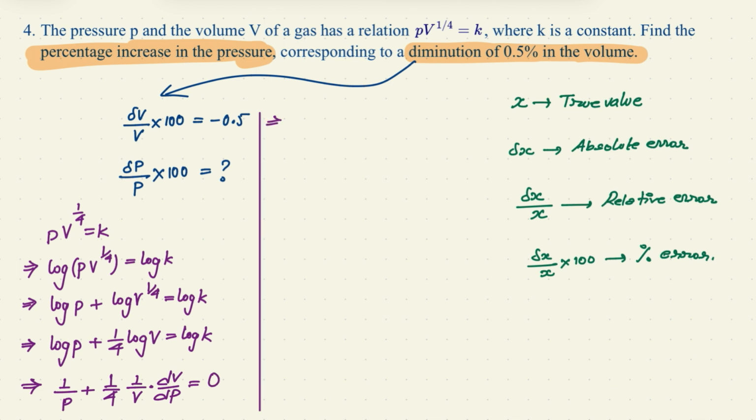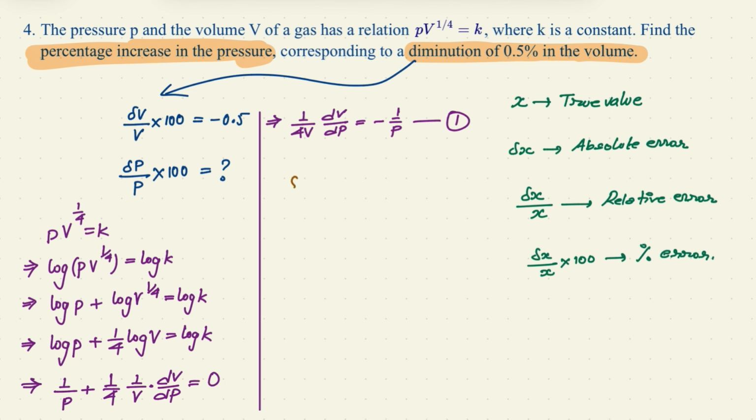So this implies 1 by 4V into dV over dP equals to minus 1 by P, and let this be equation 1.